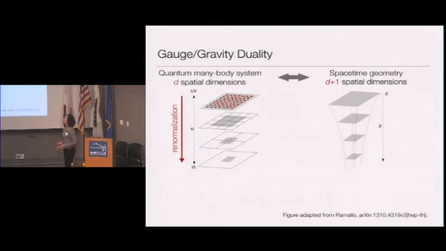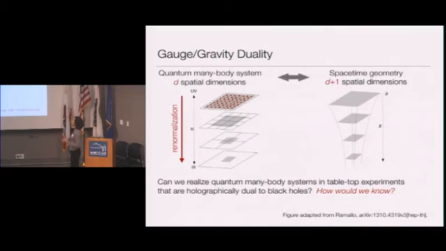This comes from a deep connection called gauge gravity duality between quantum many-body systems in some number d of spatial dimensions and classical field theories in one additional spatial dimension, which comes about, roughly speaking, from the structure of entanglement in the quantum system. So the question that Brian was asking is, can we realize quantum many-body systems in tabletop experiments that are dual to black holes? And that's a hard question, so we actually asked the simpler question, if we could, how would we know?